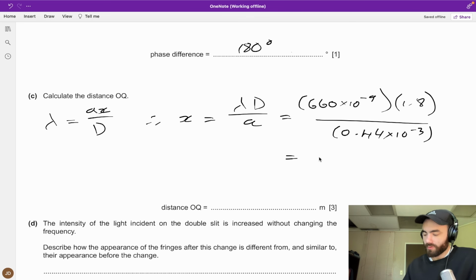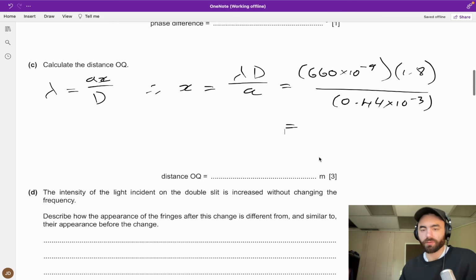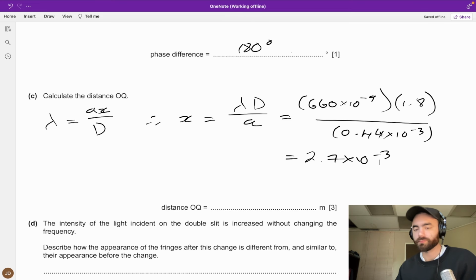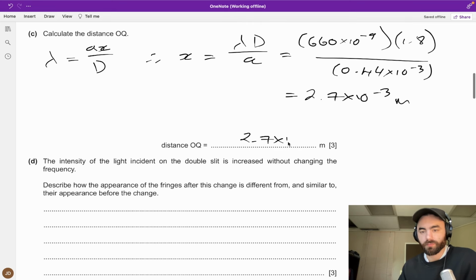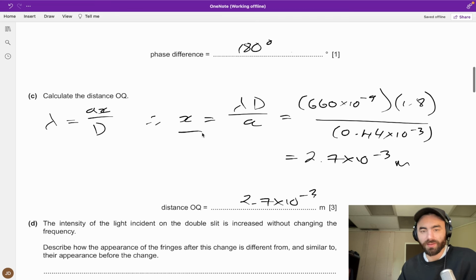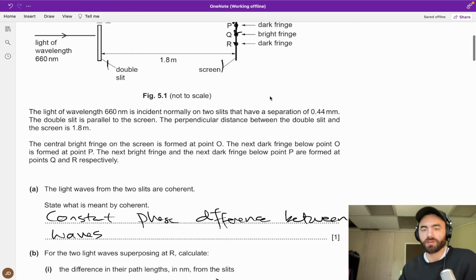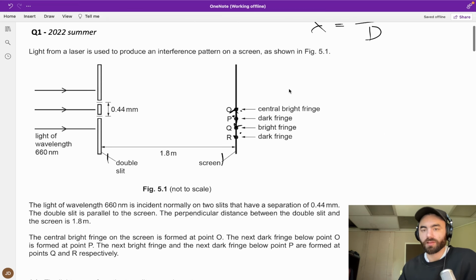And if you put that in, you'll get about 2.7 times 10 to the negative 3 meters. Right, so that is the separation between successive fringes. That's what this x means.